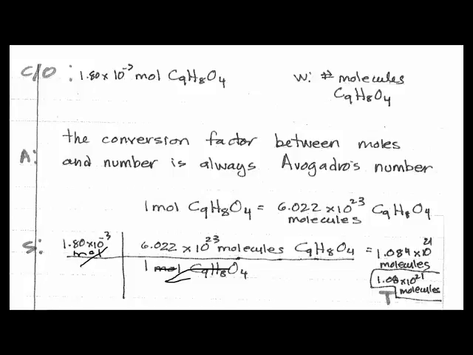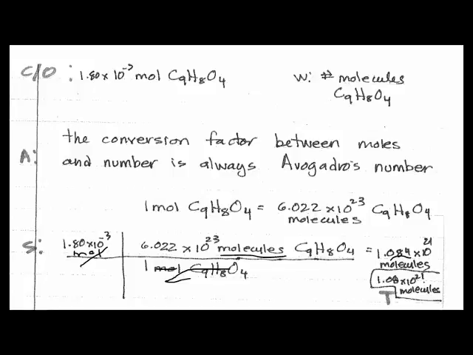My moles cancel out, and I'm left with units of molecules, which is what I want. So when I multiply 1.8 times 10 to the minus 3 by 6.022 times 10 to the 23, the numerical value I get is 1.084 times 10 to the 21 molecules. And since my given value has 3 sig figs, I'll express this final answer with 3 sig figs and round 1.084 to 3 sig figs, 1.08.